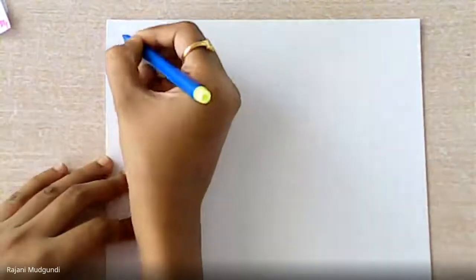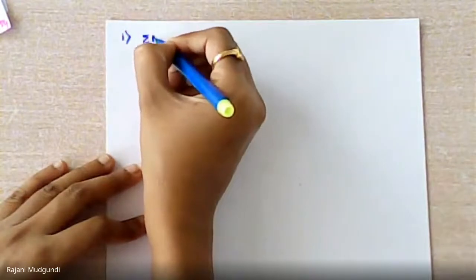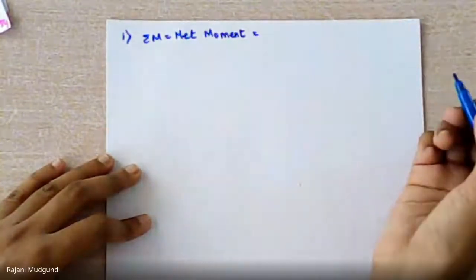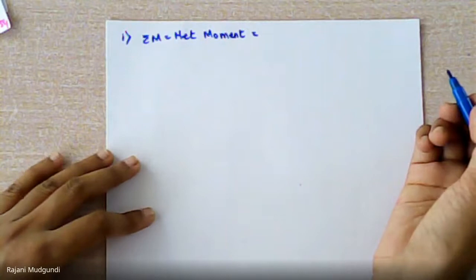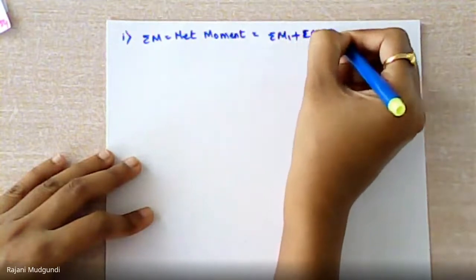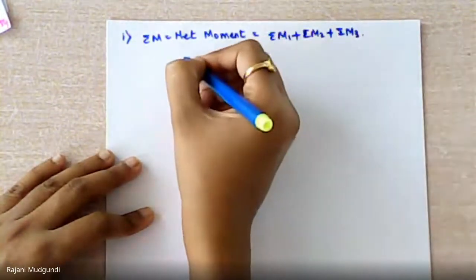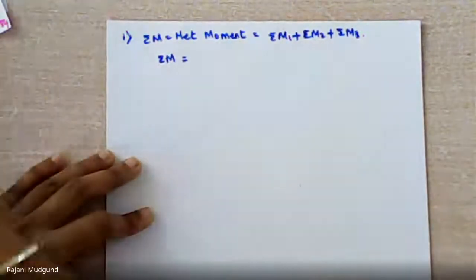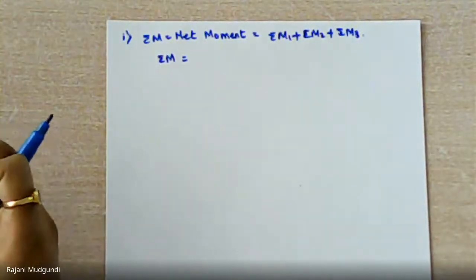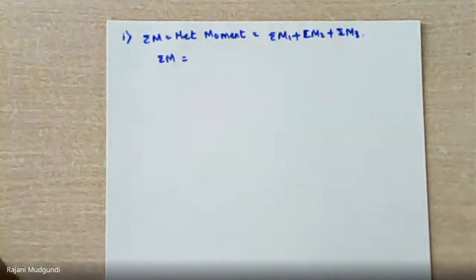Okay, so first step, net moment, summation M. All the moments we have to take, which is summation M1 plus summation M2 plus summation M3. So values of moments are with you.